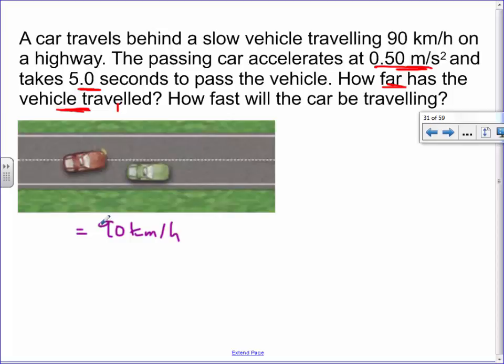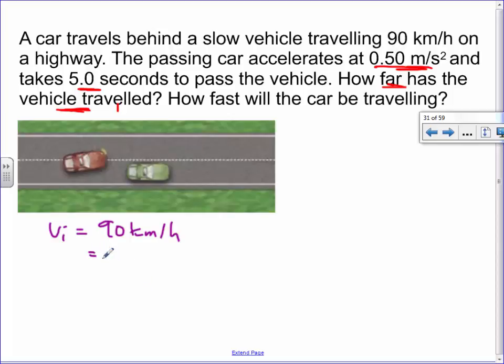Yeah. Okay. Is it an initial velocity or a final velocity? Is 90 kilometers going to be his initial and his final speed? Because he has to go faster than that, right? So he's starting at 90. That makes sense? That's his start speed.